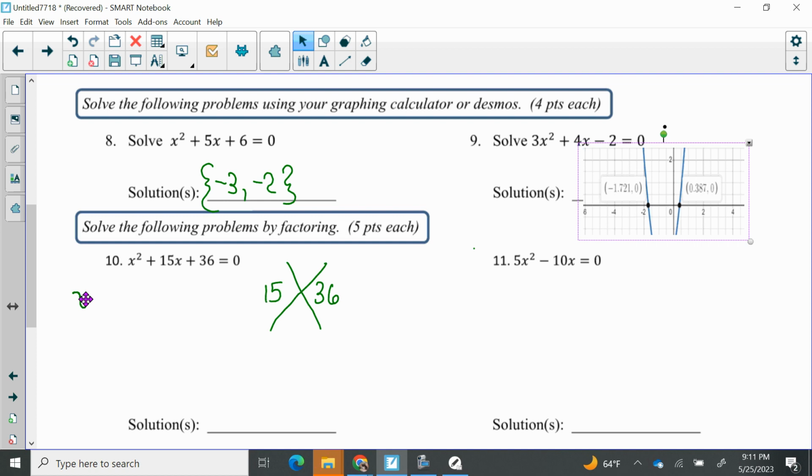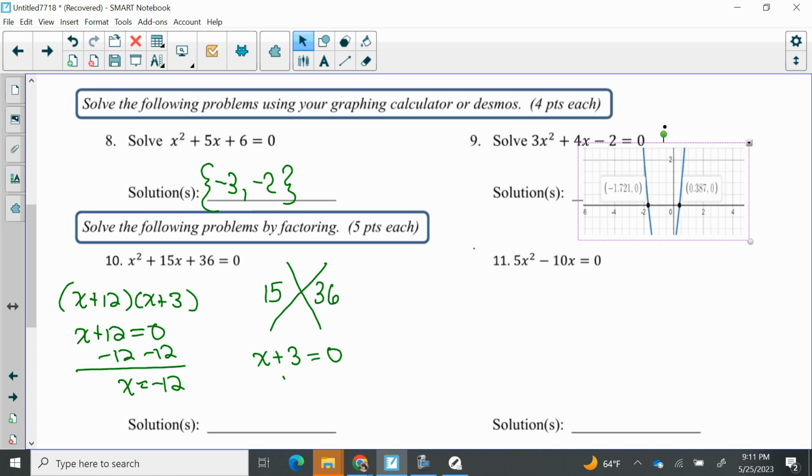So we've got x plus 12 times x plus 3, and I set each one of the factors equal to 0. So x equals -12, and then x plus 3 equals 0, and I got x is equal to -3.